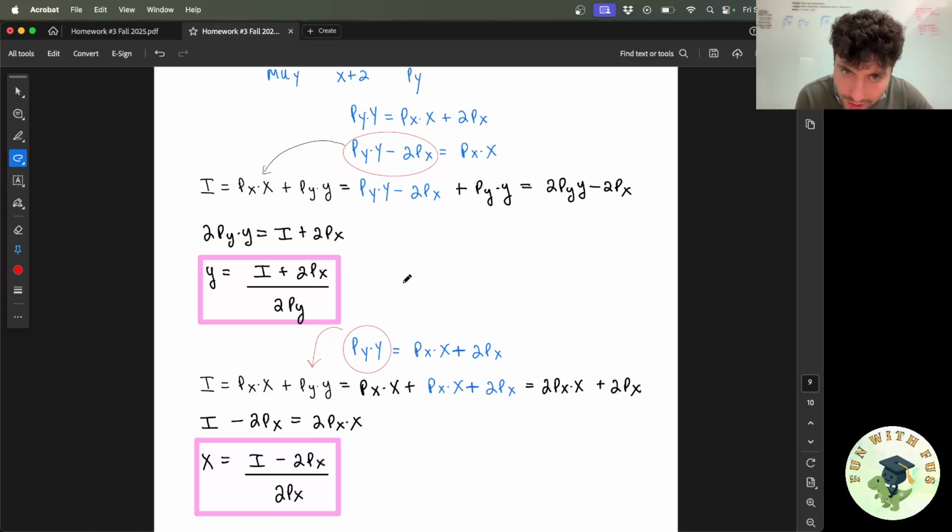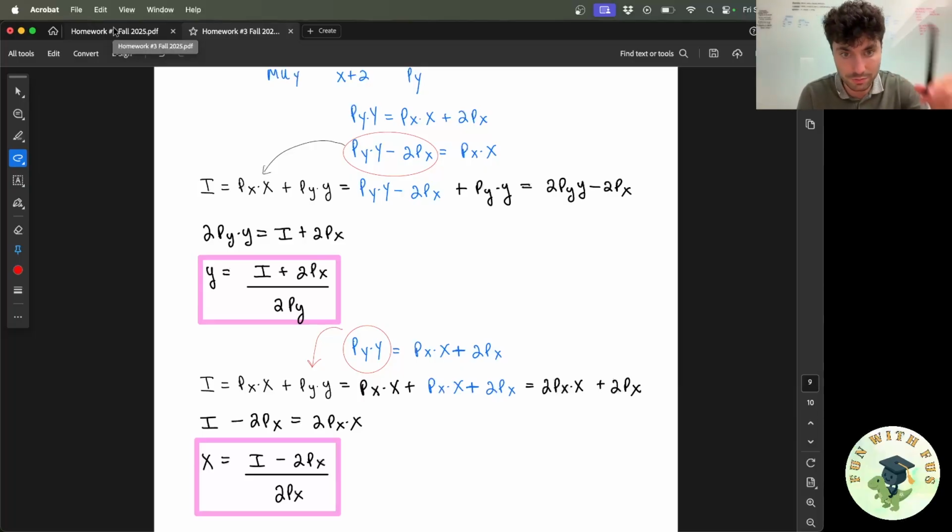But I'm assuming it's easier since we have this little shortcut, the pxx thing and the pyy thing, that makes it really easy to just redo the same plug into the budget equation. So they just plugged into the budget twice here instead of re-isolating based on the result of y, which I think is smart in retrospect.